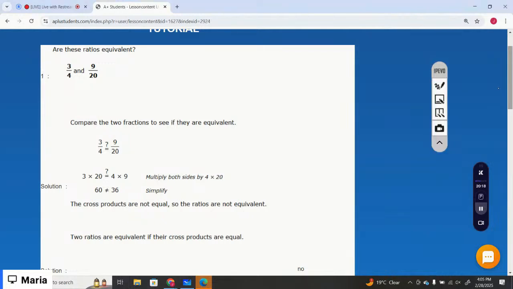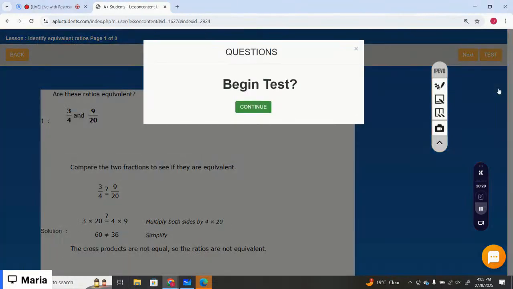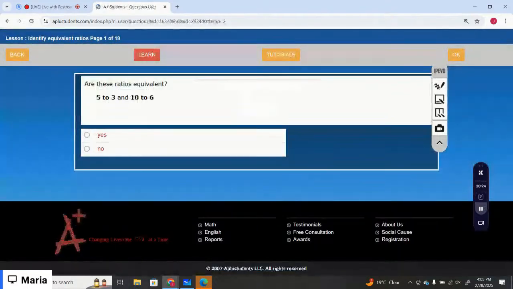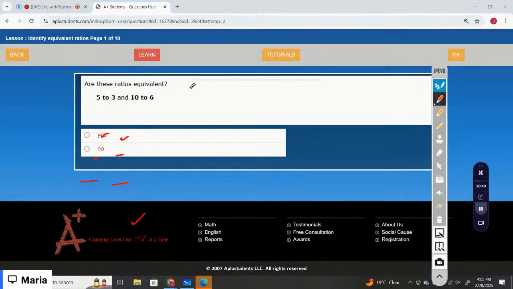Okay, let's just start with the test questions. Are these ratios equivalent? So the fractions are 5 to 3 and 10 to 6. So you have to write 5 to 3 equals 10 to 6.